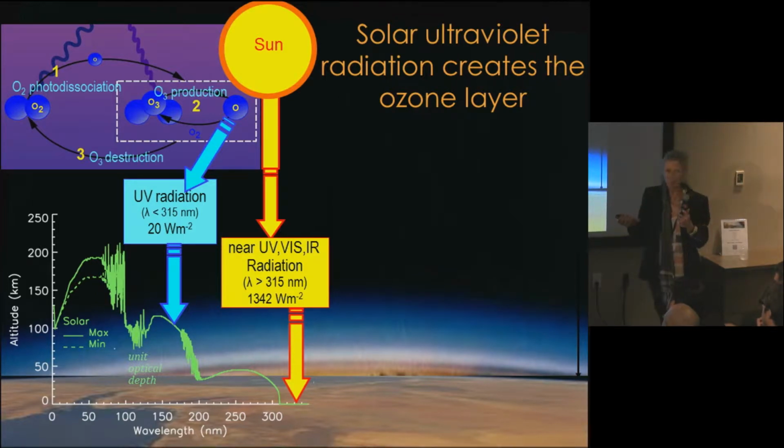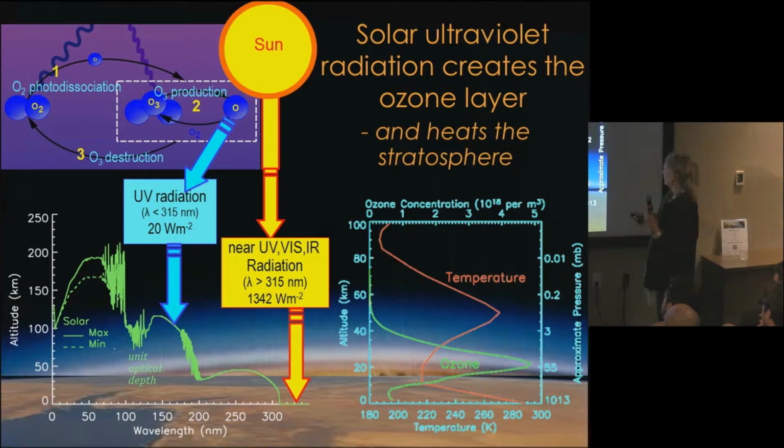So the sun itself creates the ozone layer. So we have a layer in the atmosphere, the ozone layer, created by the sun. This gives you the altitude at which the sun's energy as a function of wavelength is deposited in the atmosphere. So you can see how important knowing the actual wavelength is to knowing where the processes happen.